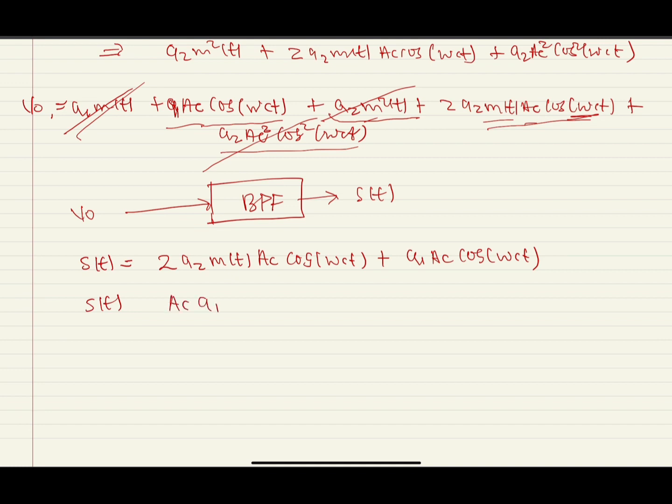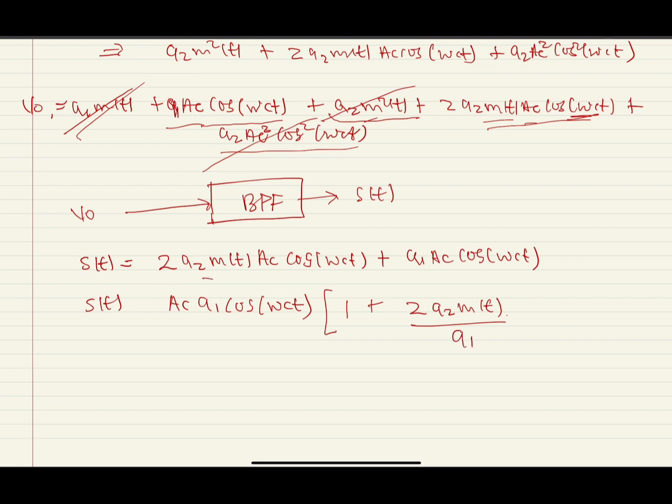AC A1 can come outside, or let me do it this way so that you get it very well. Cos omega ct outside into bracket 1 plus 2a2 m of t, right? M of t AC, now the AC has been factorized out, so m of t over A1.